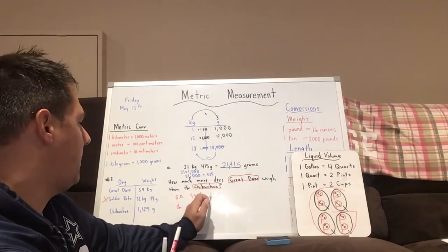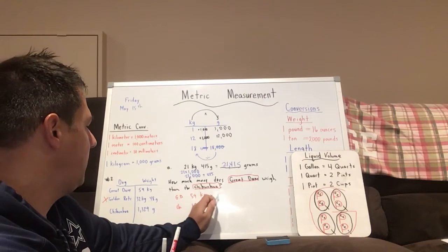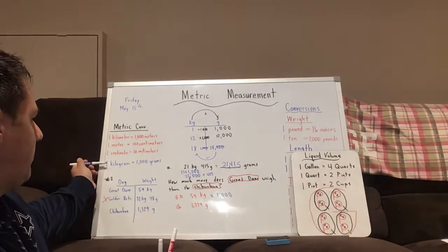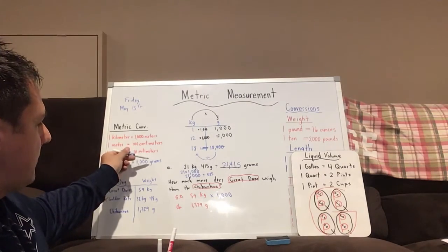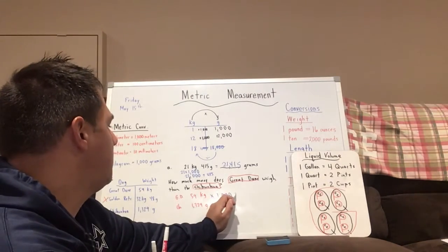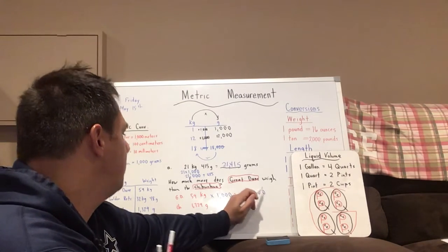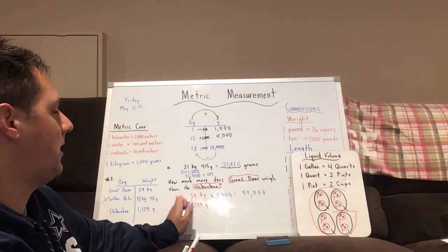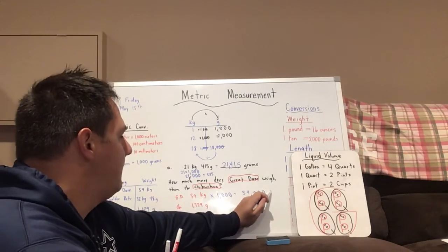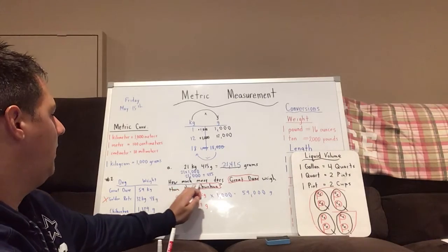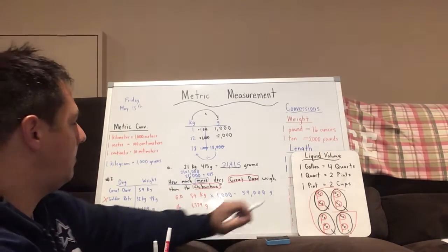And in order to do that, I know I'm going to have to multiply by 1,000 because I'm going from a bigger unit, kilograms, to a little unit, grams. So I know that answer would be 59, and then add my zeros. 1 times 59 is 59, and I add my 3 zeros. 59,000 grams.